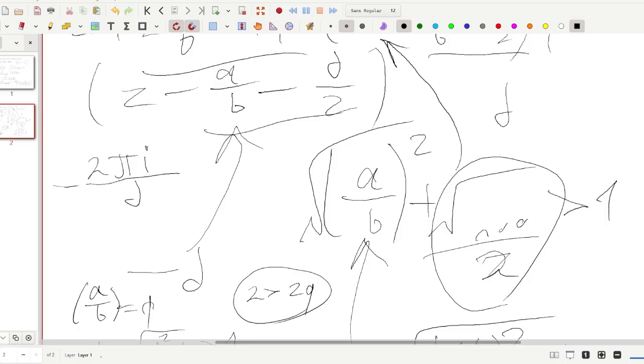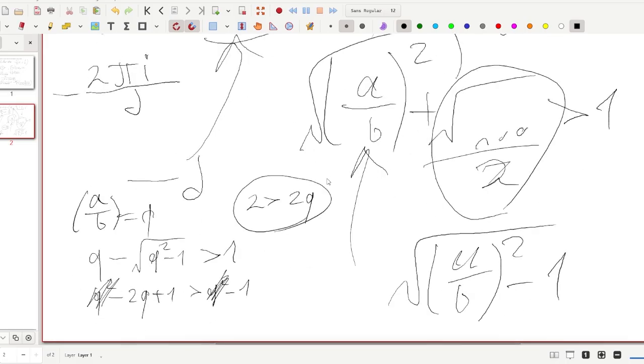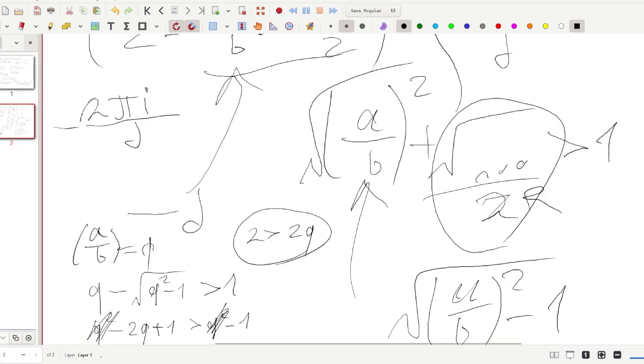Now recall how d isn't just q squared minus 1, not just a over b squared minus 1. We have a 2 here that cancels out here. So what I'm going to do is get rid of the 2 here, get rid of the d here. It's going to be a square root of a over b squared minus 1.